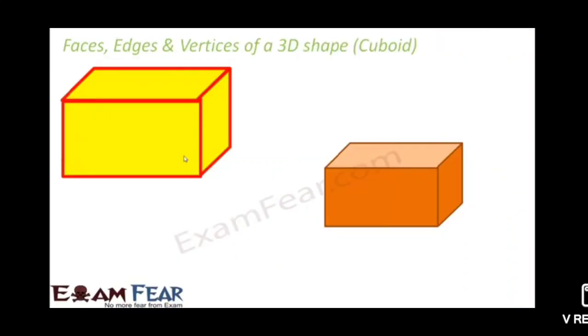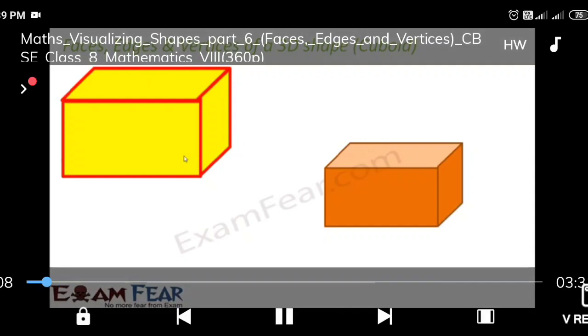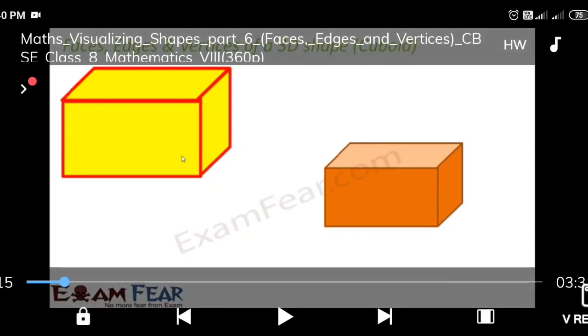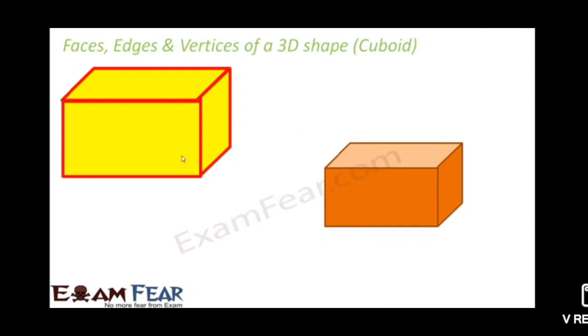Now the next topic is faces, edges and vertices of a 3D shape, that means of a cuboid. You are seeing the cuboid here. We have to find which are the faces, which are the edges, and which are the vertices of that object. Okay students, now which is the face? Faces: how many faces are there?